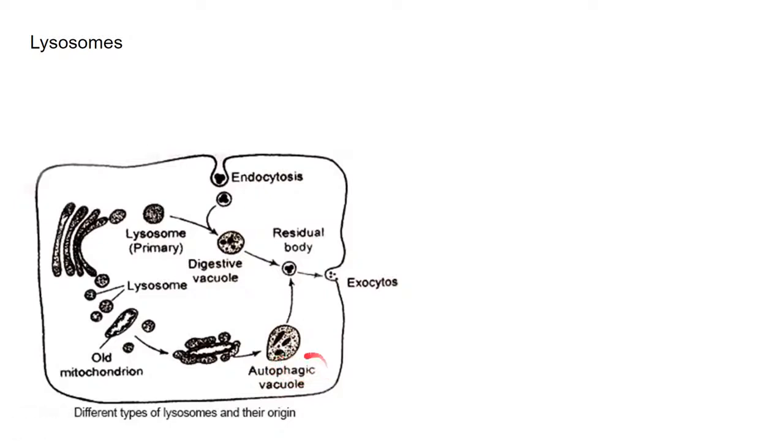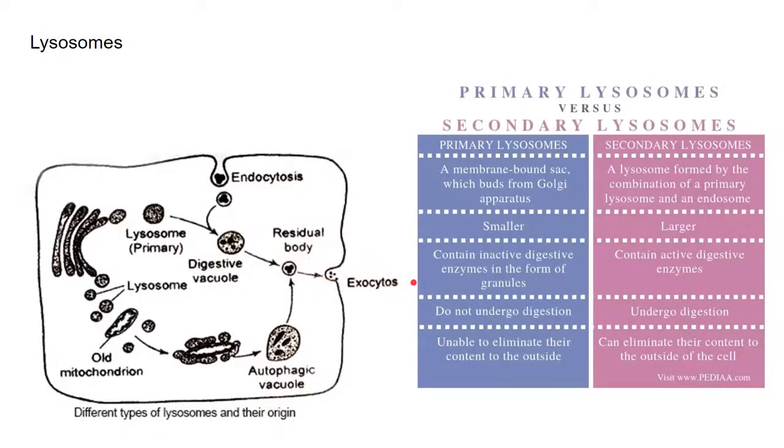Or if it's, for example, eating a bacteria, then it's phagocytic. Cytic means breakdown. So phagocytic, eating and breaking down something else, is a phagocytic vacuole. And again, the residual waste products will be exocytosed, right?